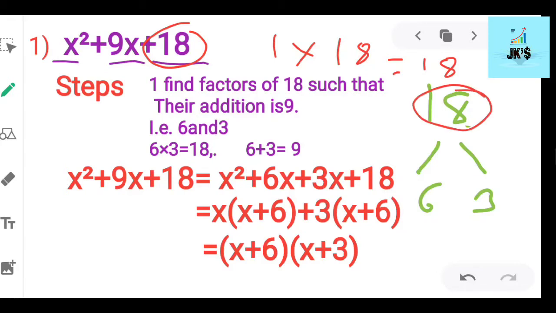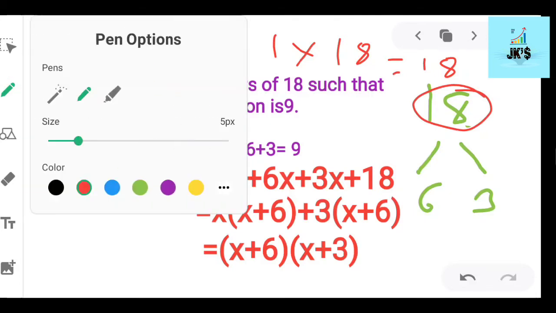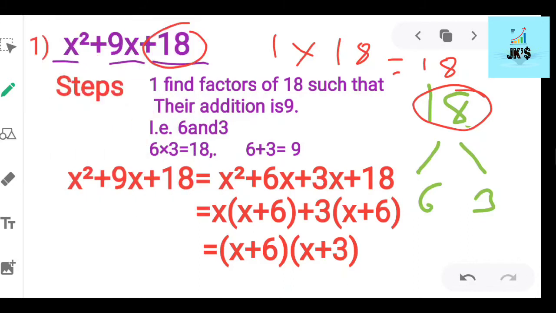Before factorization, we have to consider the sign of the constant term. Here the sign of the constant term is plus. So we have to find the two numbers whose product is 18 and whose addition equals the middle term, that is 9 here.